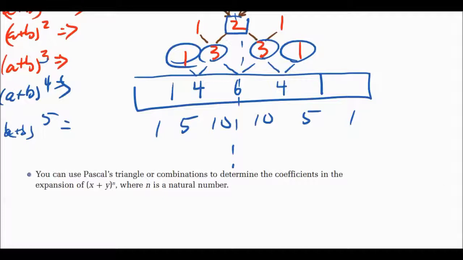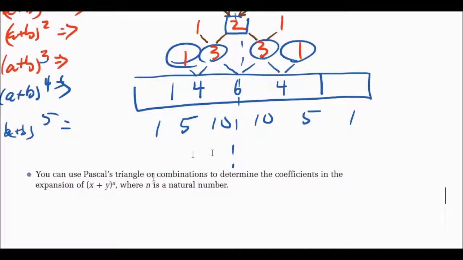So if we put this next note up, you can use Pascal's triangle, and I'm going to get to the combinations part in a second. Pascal's triangle can be used to determine the coefficients in the expansion of, and they use different letters here, (x + y)^n, where n is a natural number. So we're not talking about fractional exponents, or decimal or negative exponents.